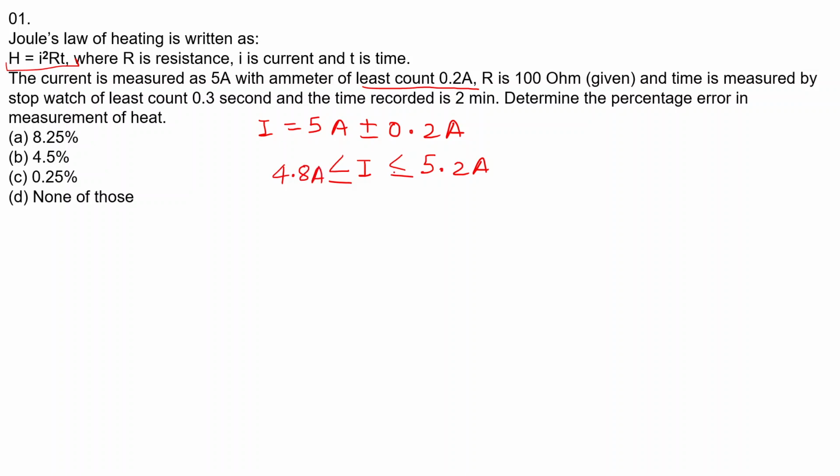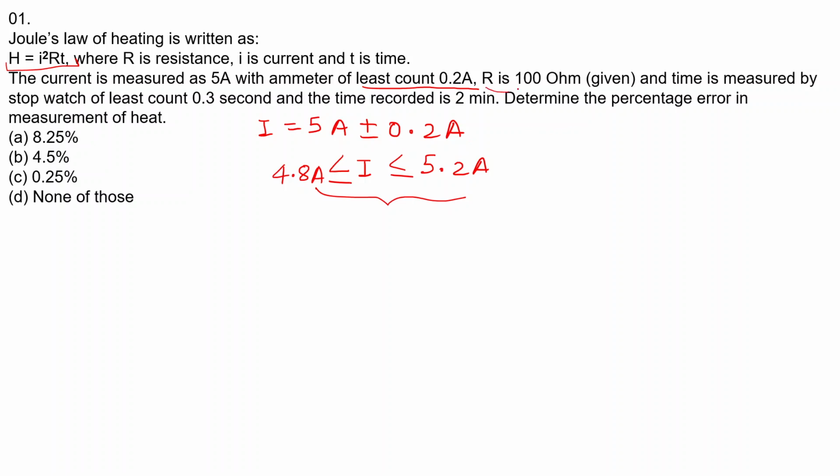So it lies between these. Again, we are not certain, because there is a limit to the capacity of this instrument to measure the current. So the current is between these two values. This is what we want to say when we write plus minus this error. So the current value is 5 ampere and the least count is 0.2 ampere. We can write it like this.